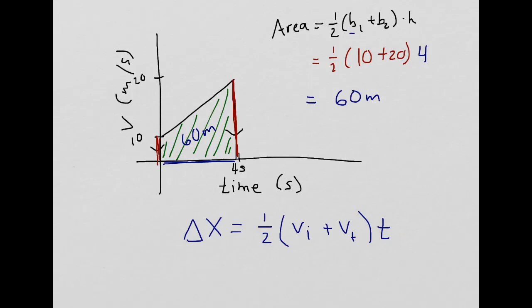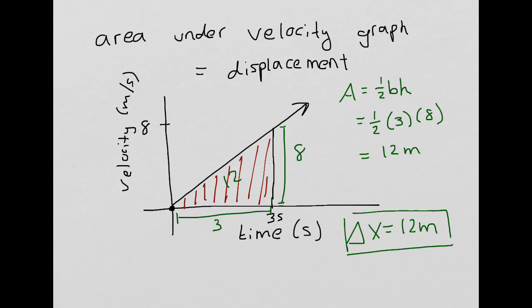And if we look back, that works in all our previous cases. So if I go back to this example, really all I was doing is the average of the initial and the final velocity. But the initial velocity was 0, so just 0 plus 8 over 2 gets me 4. Hence the 8 times the 1/2 times time.